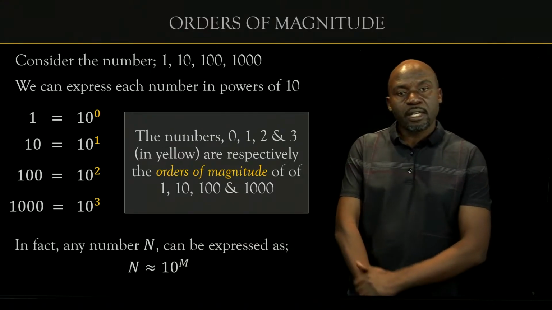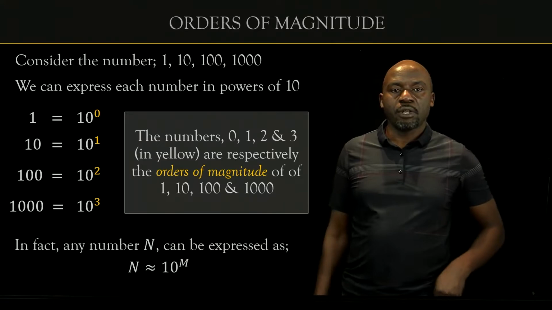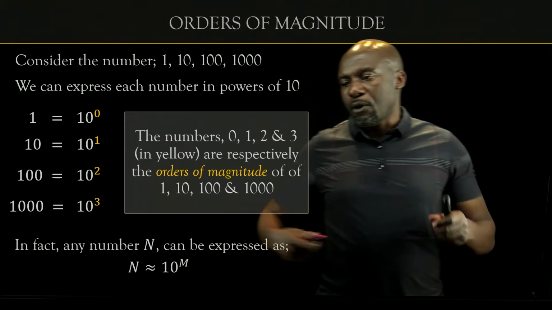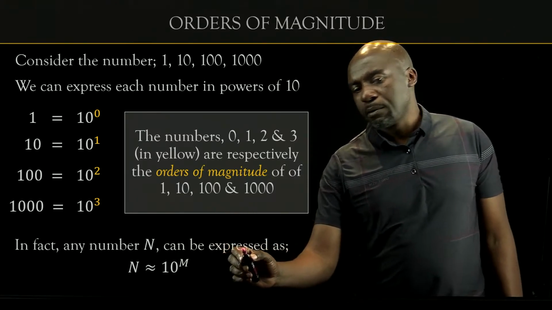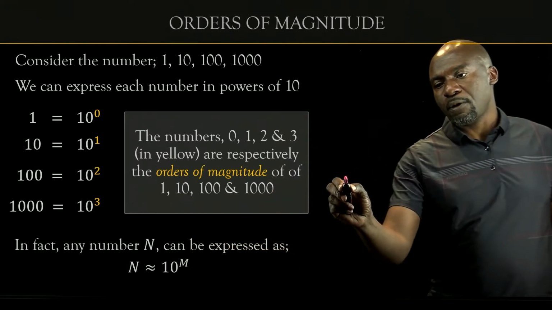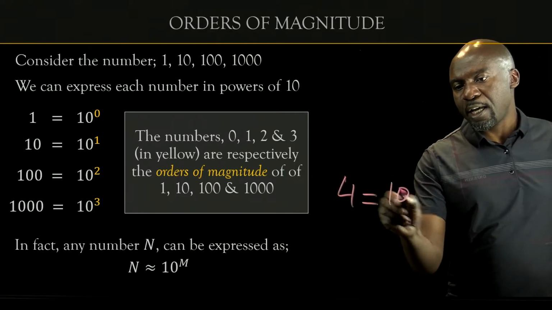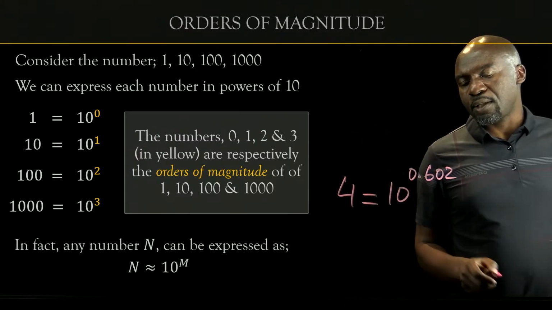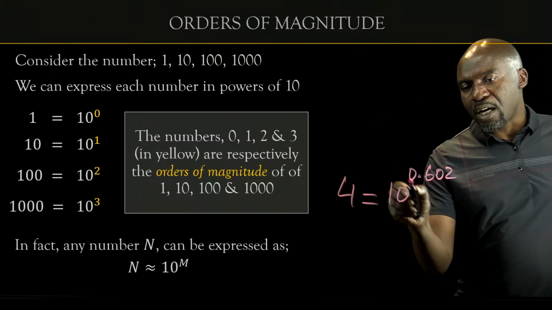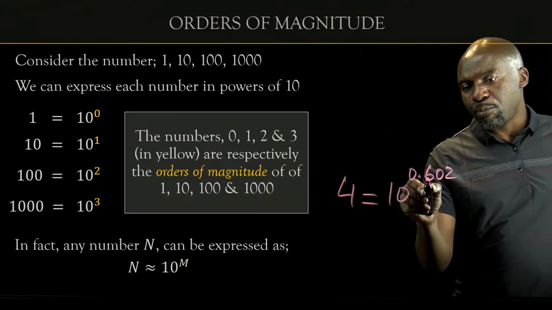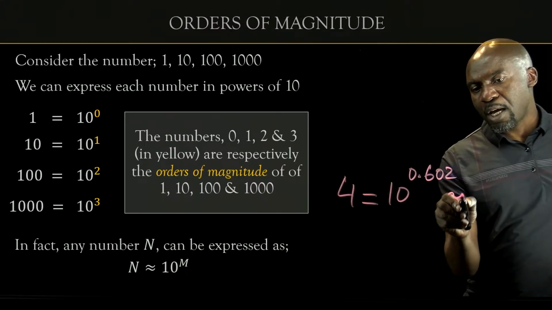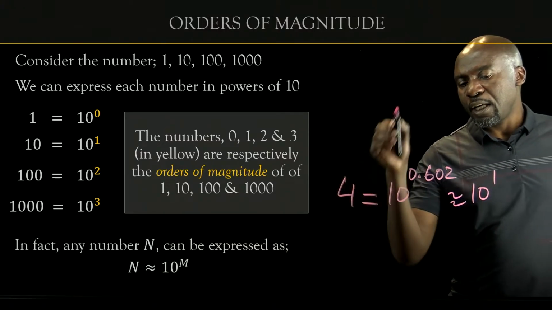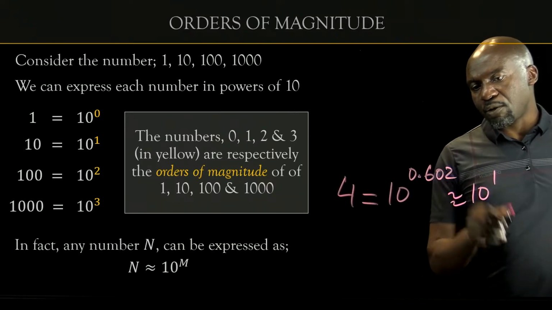Okay, so if we can express a number as 10 to the power of m, for example, the number 4, I'm going to write this here, the number 4 can be expressed as 10 to the power of 0.602, but 0.602 is not an integer, but I can round this up because it's greater than 0.5. I can round this up and write this as approximately 10 to the power of 1. So 4 in orders of magnitude is 10 to the power of 1.